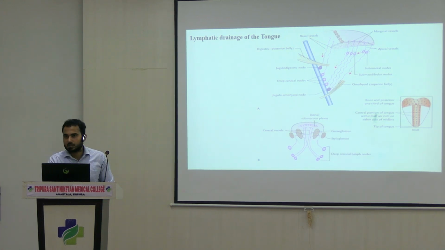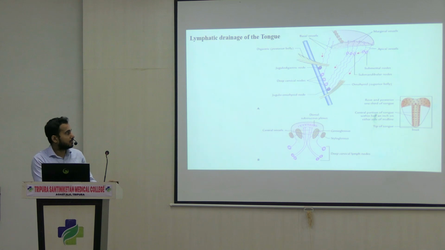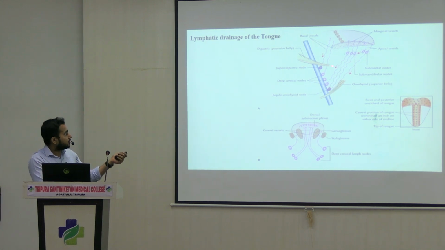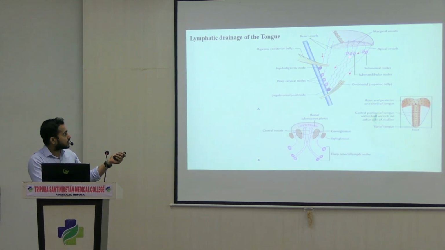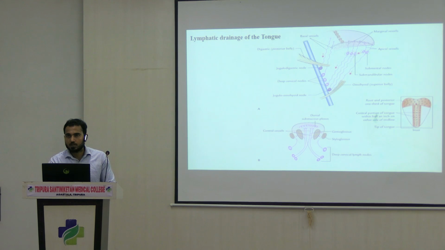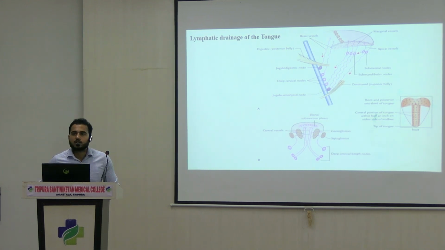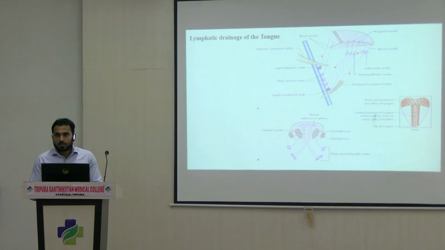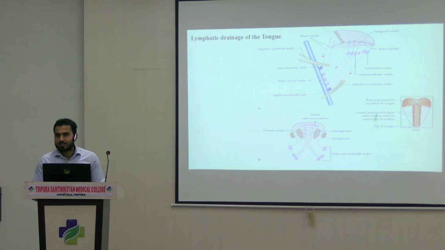The marginal vessels drain the margins of the anterior two-third of the tongue, that also unilateral, and then ultimately they will go into which particular part? As you can see, first from submandibular lymph nodes, they are going into jugulo-omohyoid lymph nodes, which is present along the internal jugular vein. So that is the marginal vessels.